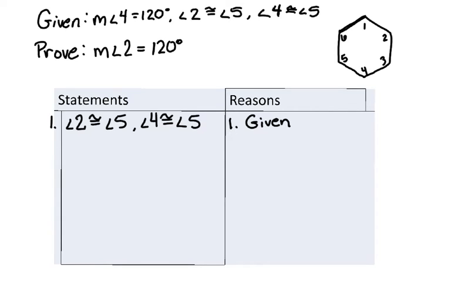Okay, we almost have the transitive property here. See that? We have angle 5 here, angle 5 here. We can state that if angle 4 is congruent to angle 5, then angle 5 is congruent to angle 4 by the symmetric property.